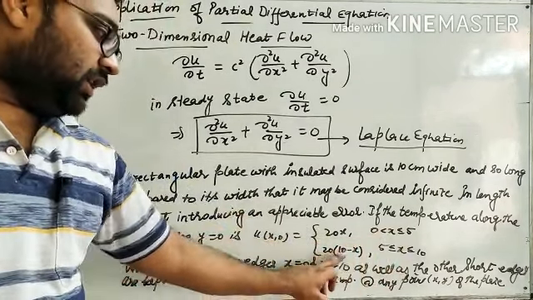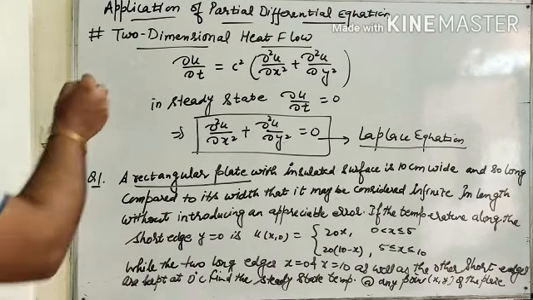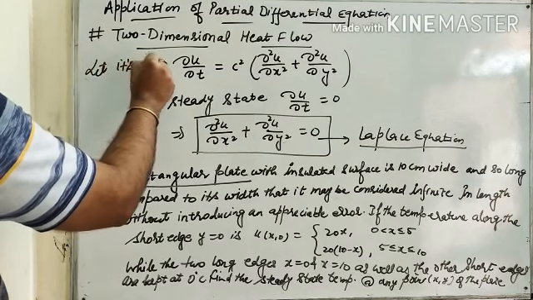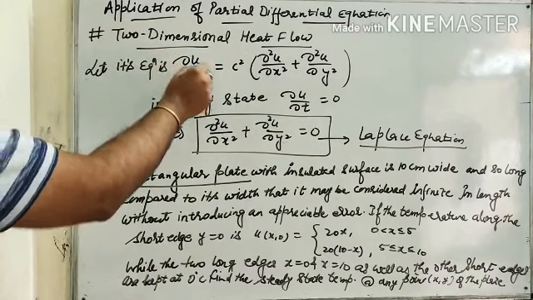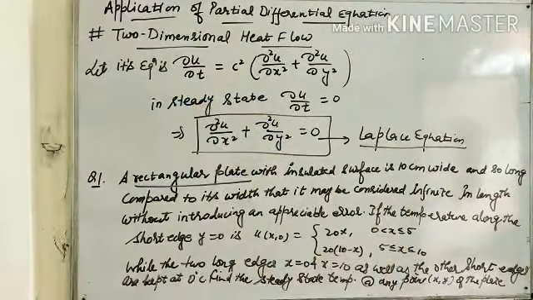So first we have to identify whether this is the problem of one-dimensional heat flow or two-dimensional heat flow. Since we are talking about a rectangular plate, so rectangular plate always has two dimensions. One is x-axis and another is y-axis. So this is the problem of two-dimensional heat flow. Its standard equation is ∂u/∂t = c² (∂²u/∂x² + ∂²u/∂y²).